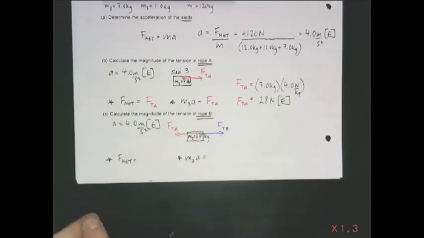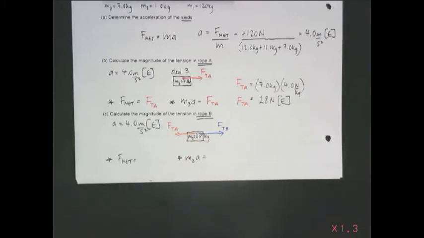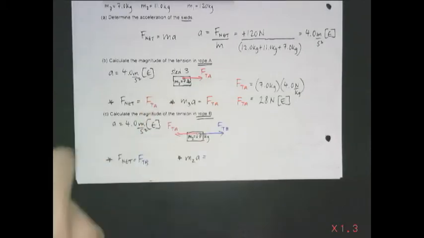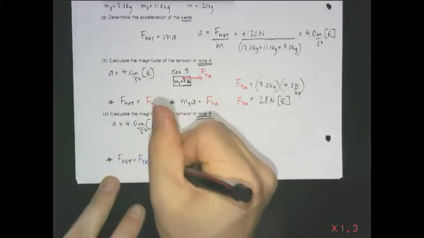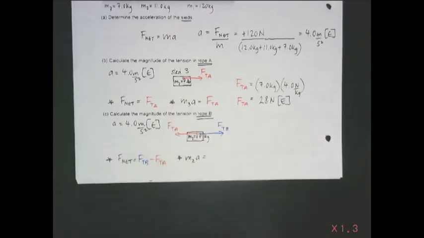Who can list them for me? So let's start with the positive ones first. We have force of tension B minus, good. Do we see how we made the forward, our positive frame of reference, positive, and the backward, our negative frame of reference, negative?